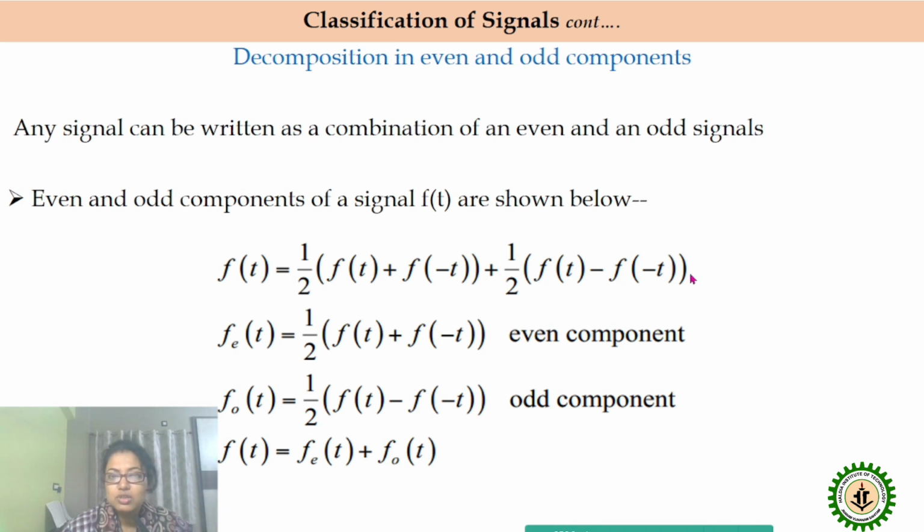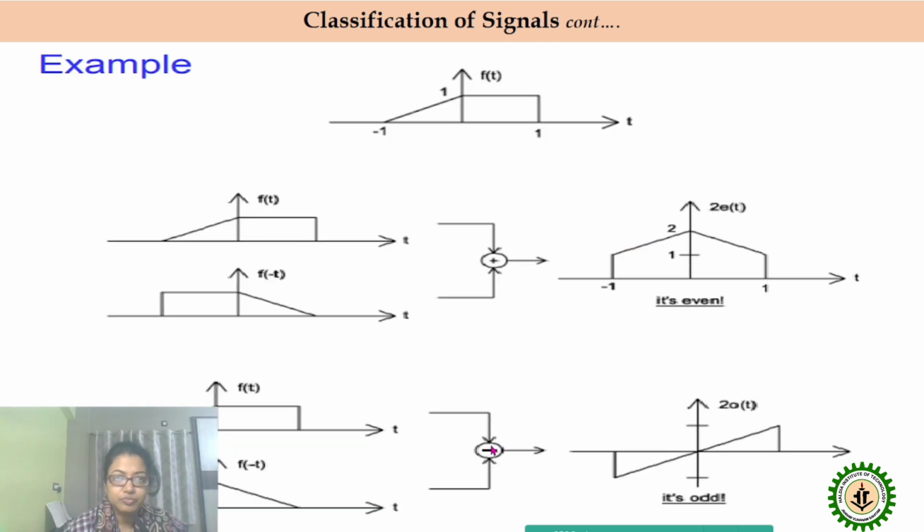This part is the even component, half of f of t plus f of minus t, where both are the same, and the odd part is half of f of t minus f of minus t. There is a minus where both are not the same. If we write it this way, we can separate the even part and the odd part. So every signal is a combination of an even and an odd part.